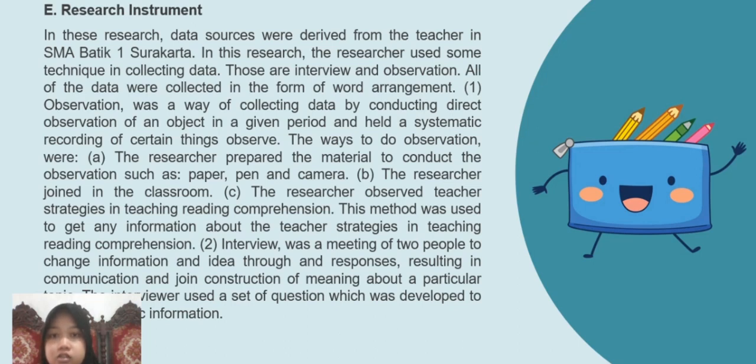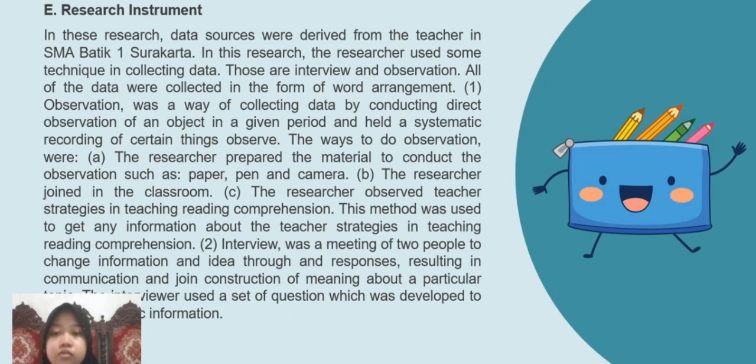In this research, the researcher used some techniques in collecting data. Those are interview and observation. All of the data were collected in the form of word arrangement. The first, observation, was a way of collecting data by conducting direct observation of an object in a given period and holding a systematic recording of certain things observed.